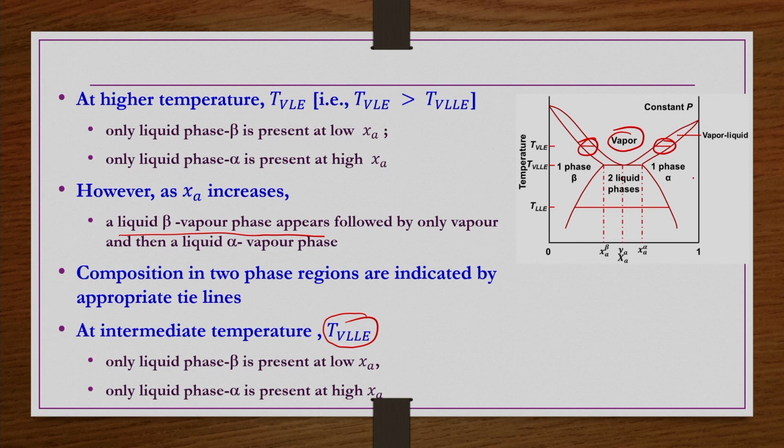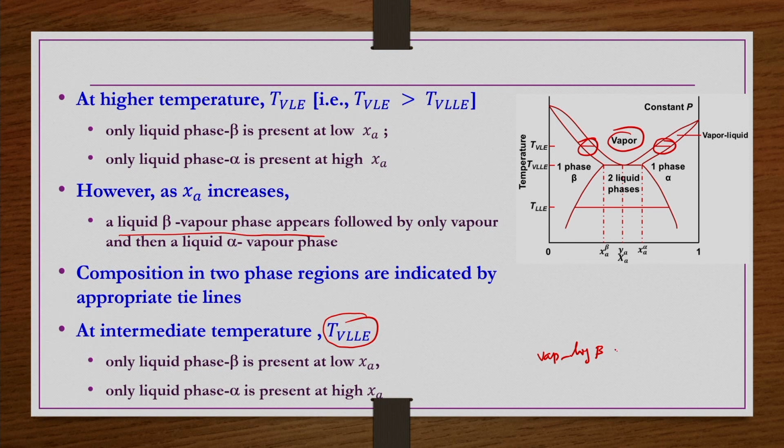Okay. What does it mean by there is no region where only vapor is forming, or where vapor and liquid alpha are in equilibrium?